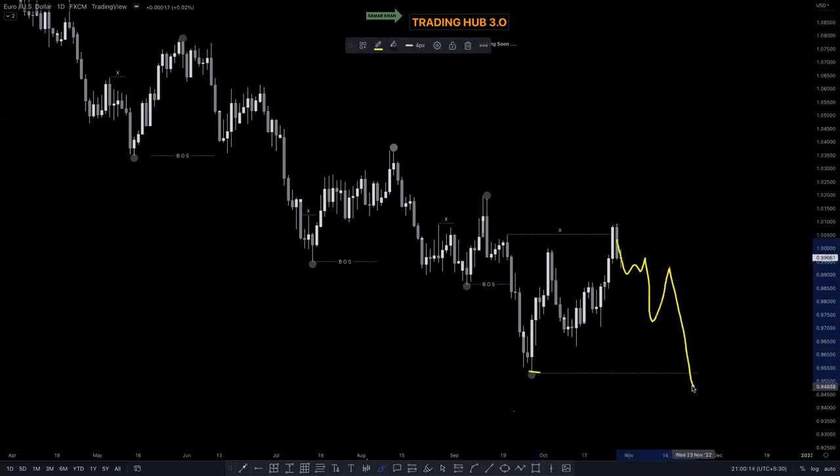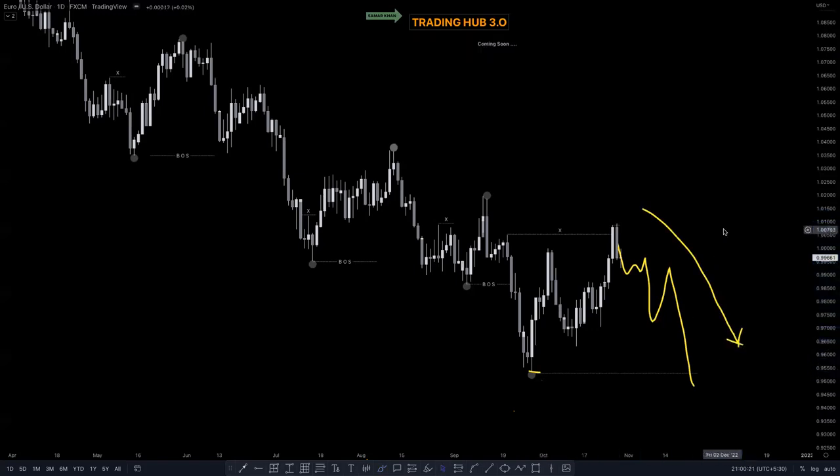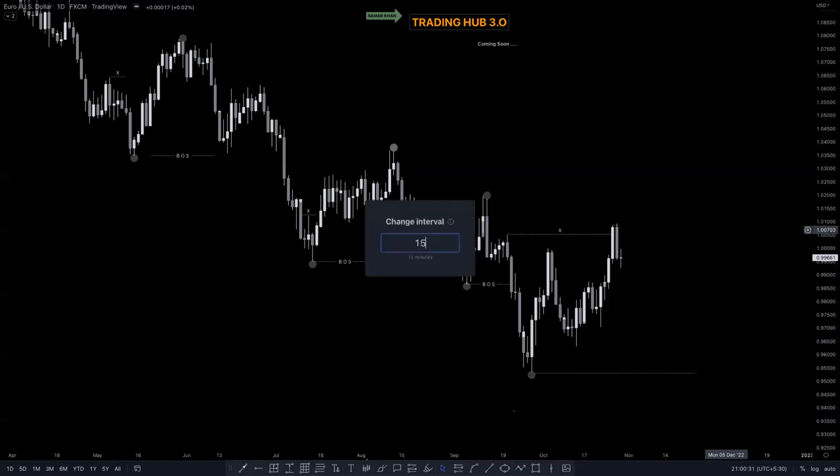So we have very good chances that the market pushes downside to take out this low, right? So you have to prepare, and we can see a lot of sell opportunities in upcoming days in Euro USD especially. Correct. Now let's see what happened here in the 15-minute structure.